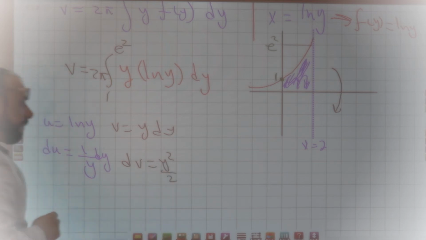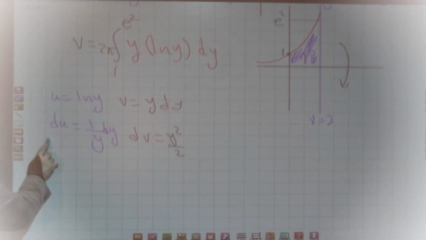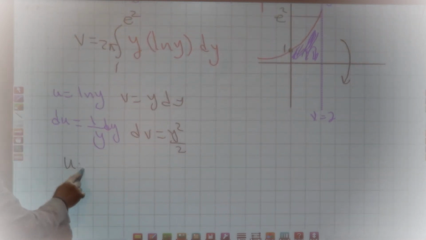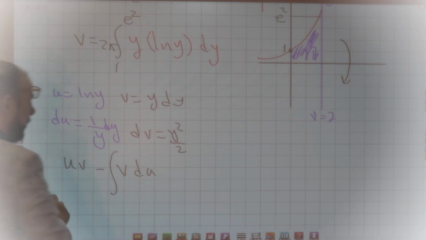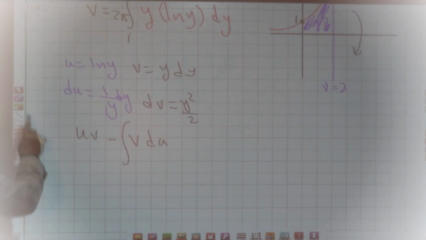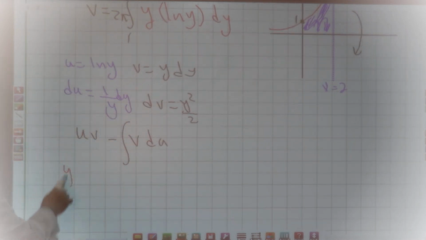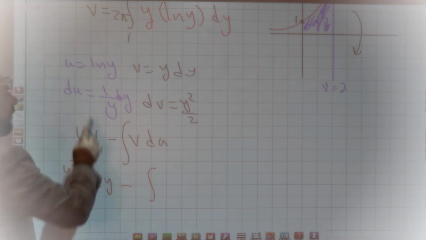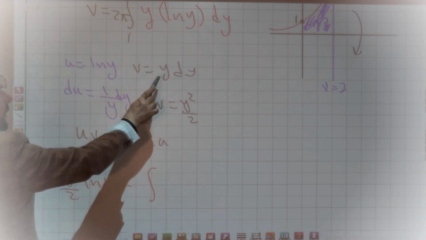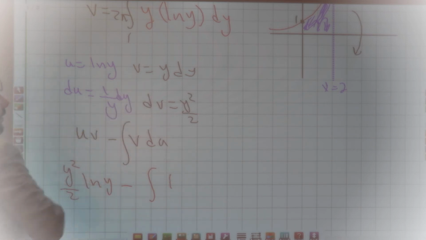Then uv minus the integral of v du, remember. u is y squared over 2 times ln y, minus the integral of v du.